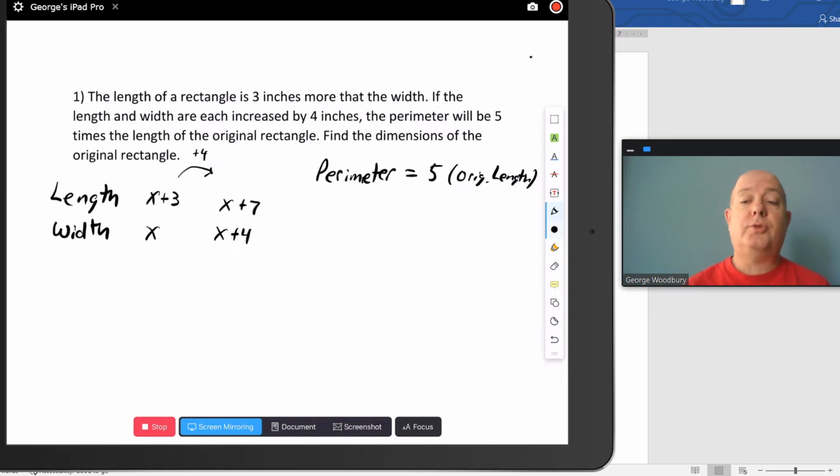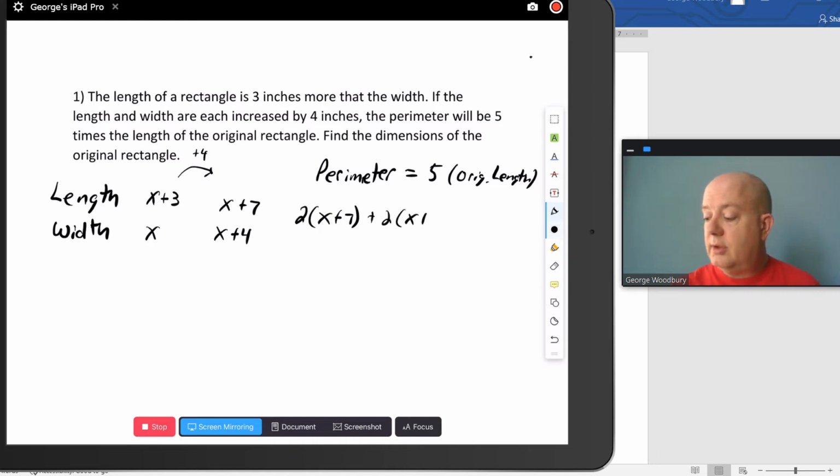First, the perimeter is 2 times the length plus 2 times the width of this new rectangle. So that's going to be 2 times x plus 7, 2 times the new length, plus 2 times the new width, 2 times the quantity x plus 4, and that's going to equal 5 times the original length, which was x plus 3.